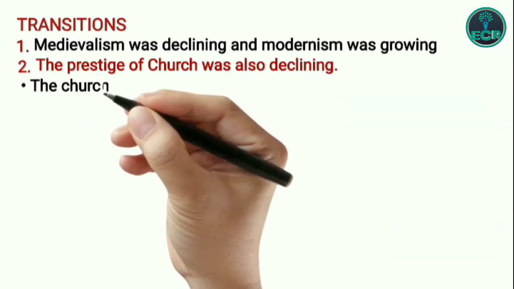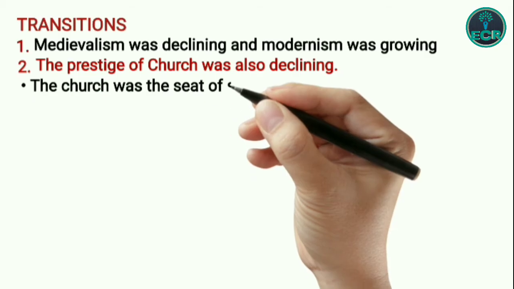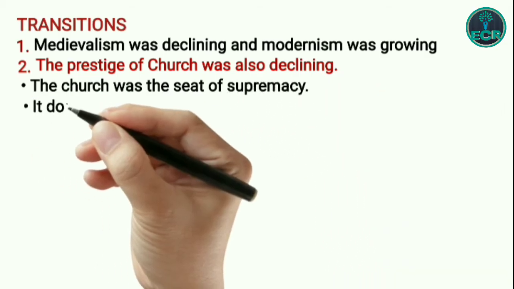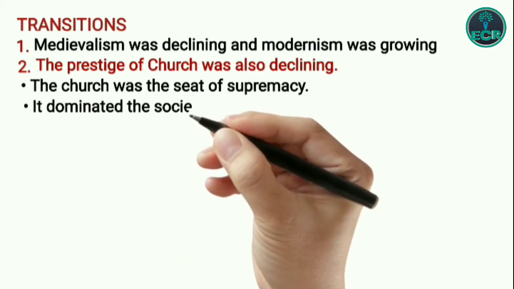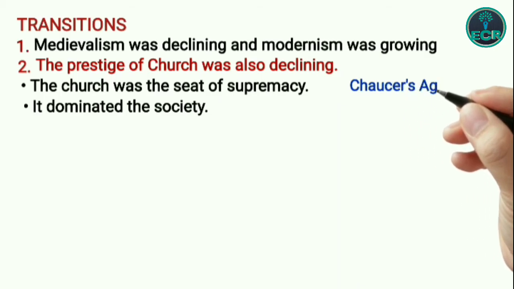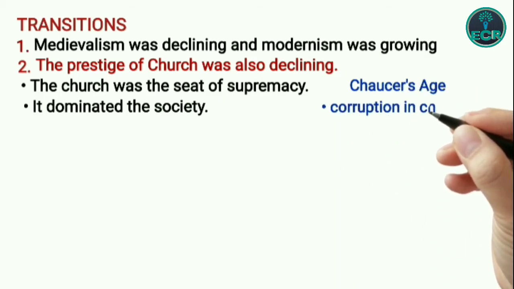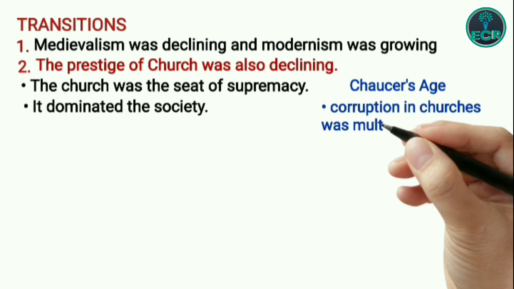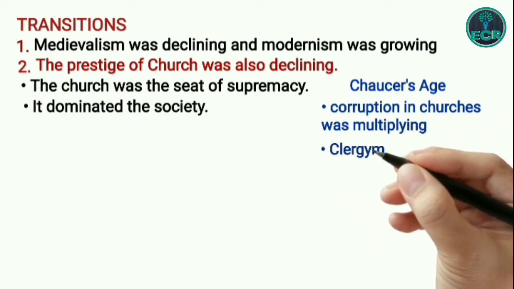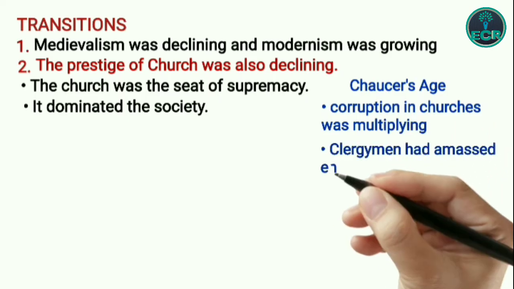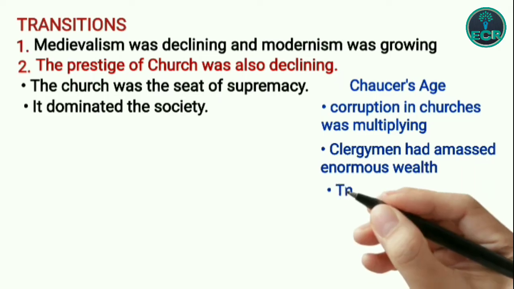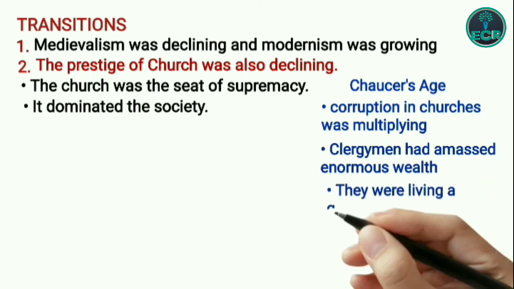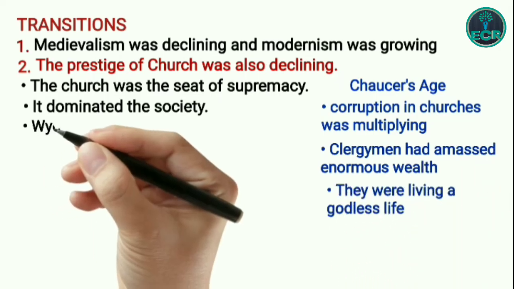The church was the seat of supremacy. It dominated the society. During Chaucer's age, corruption in churches was multiplying. The clergymen had amassed enormous wealth. They were living a godless life.